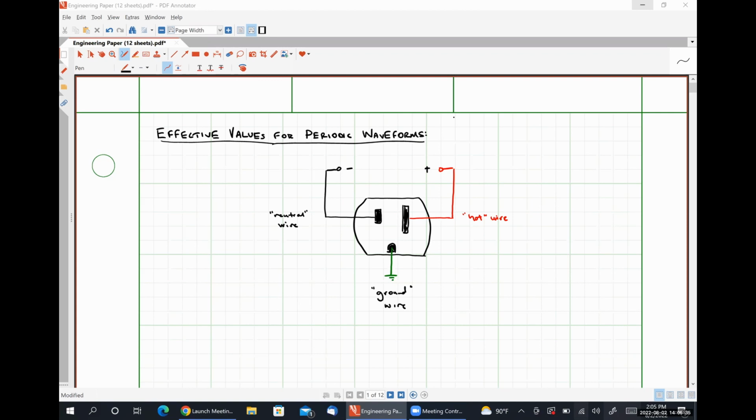It's not 5 volts. Anybody else got a guess? So what I'm asking you for is what voltage is supplied by an outlet here in the US?